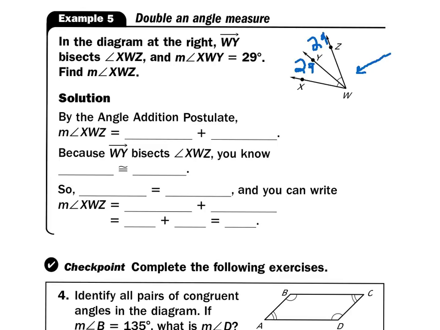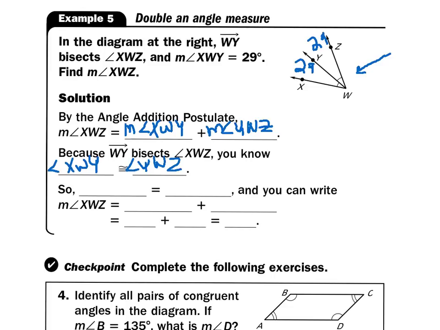And so we can write it all out as this. The measure of angle XWZ equals the measure of angle XWY plus the measure of angle YWZ. Because they bisect, we know that angle XWY is congruent to angle YWZ.